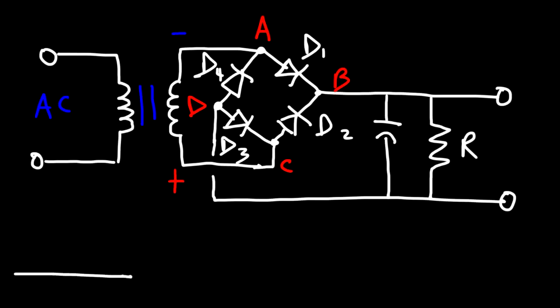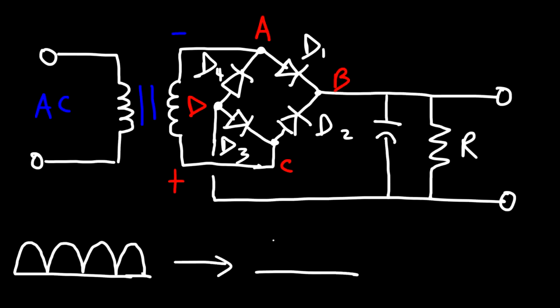So without the capacitor, we would have basically a pulsating DC signal that looks like this. But with the capacitor, the variations will be less. It will be more smooth, so to speak. So this is the positive terminal of the capacitor, and this is going to be the negative terminal of the capacitor.